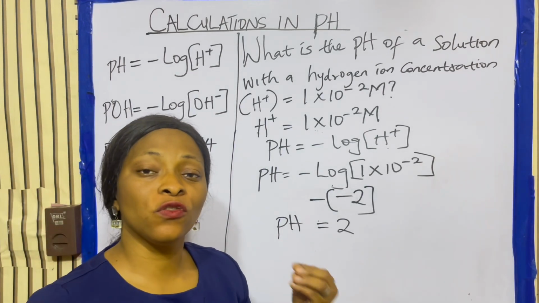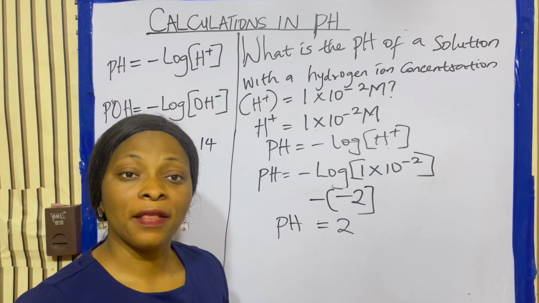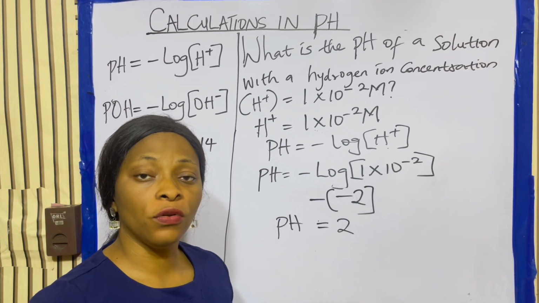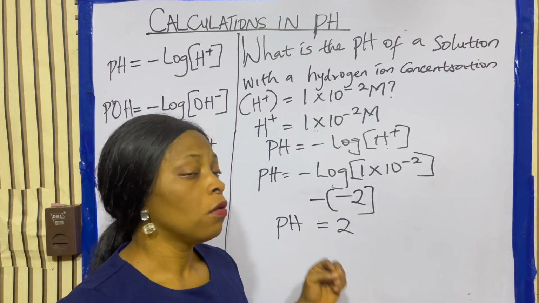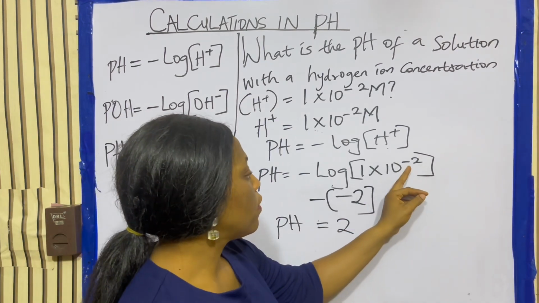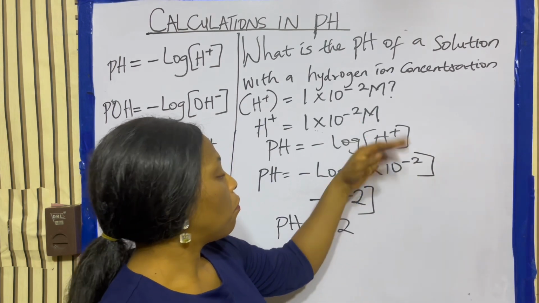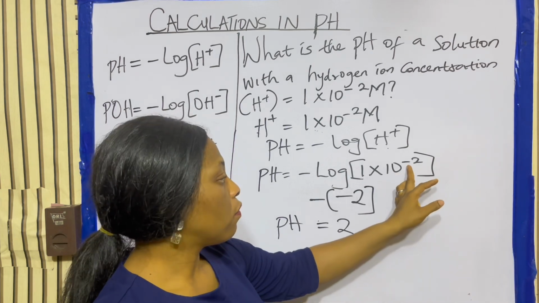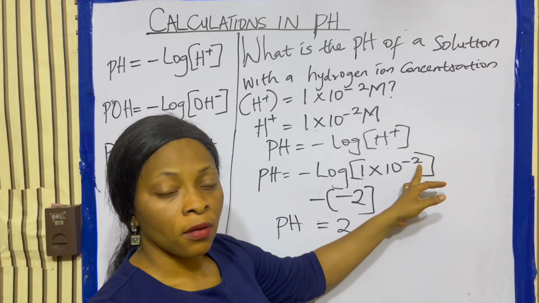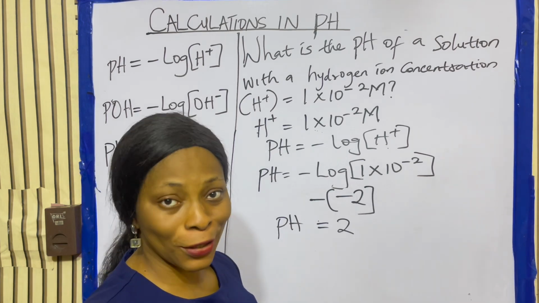Now, a little tricky way students can use to solve questions like this, especially in JAMB Chemistry, where you know that the calculator in the system does not have log. So what are you going to do? For questions that have 1 times 10 raised to power minus 2, minus 3, minus 4, in log 10, the power is usually the pH.